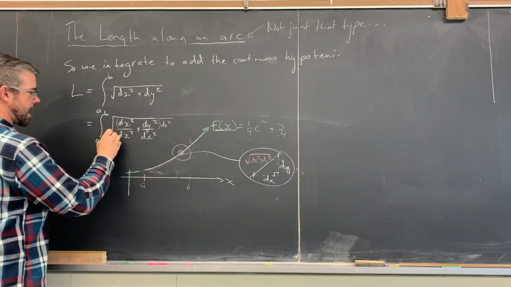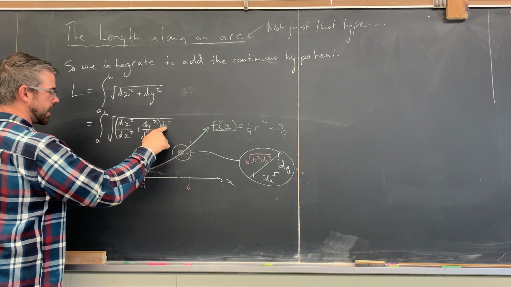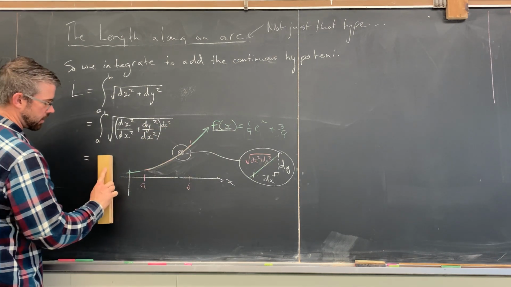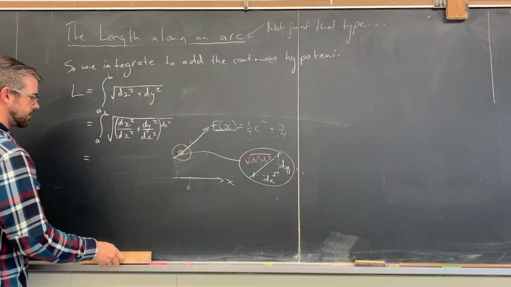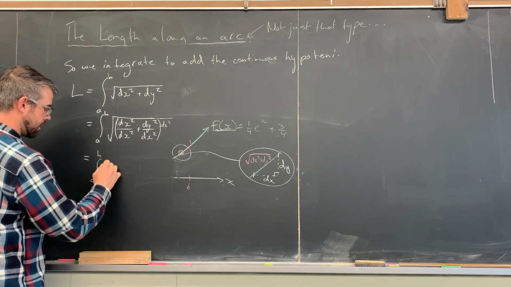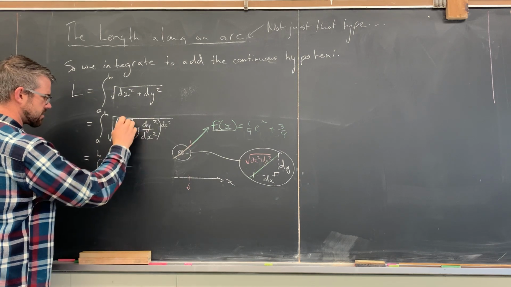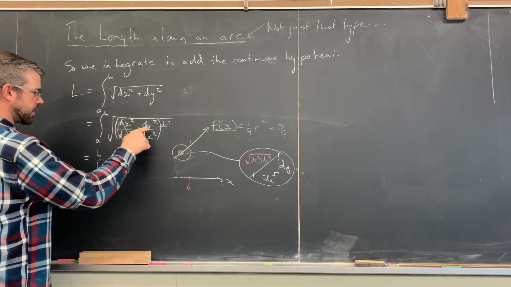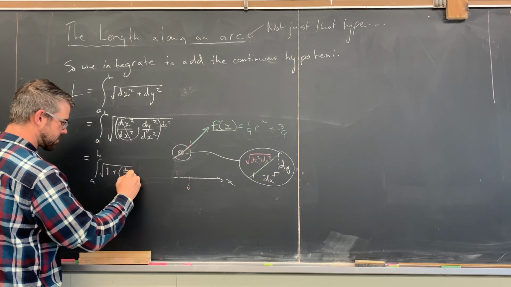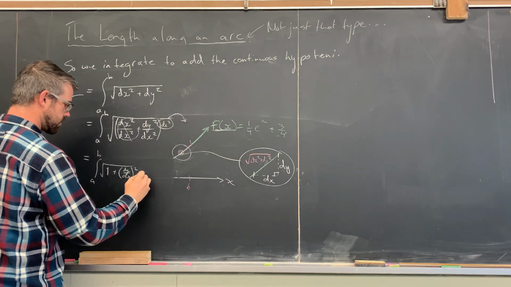And then this radical can be applied to this dx squared. And I have to erase more and more of my picture, and I apologize for that. So this is going to be the integral from a to b, of the square root of dx squared over dx squared. I think that's just nice and simple and just goes to 1. Then plus dy squared over dx squared. Well, I'm just going to write that like this for now, dy dx squared. And this dx squared is going to come out of the radical. So this will be dx.